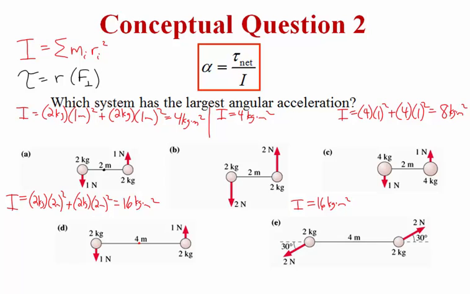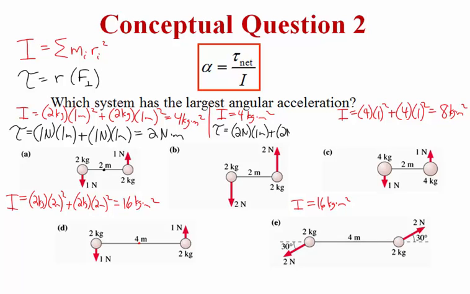So in case A, my net torque is going to be 1 Newton times 1 meter plus 1 Newton times 1 meter for the other torque. So those are my 2 individual torques, and that gives me a net torque of 2 Newton meters. In the second case, my net torque is going to be 2 newtons times 1 meter plus 2 newtons times 1 meter. So it's going to be 4 Newton meters.